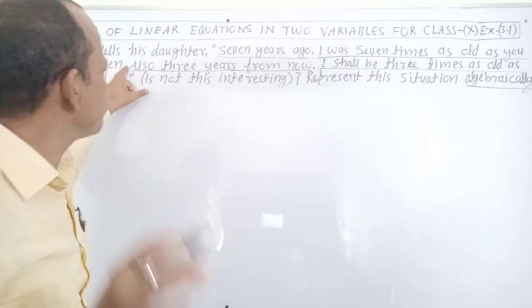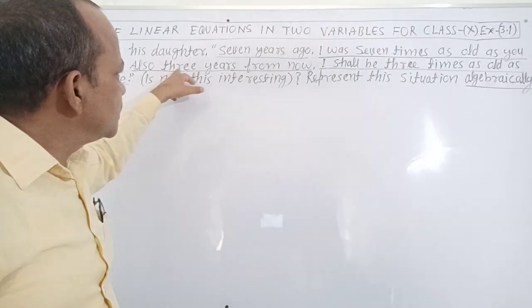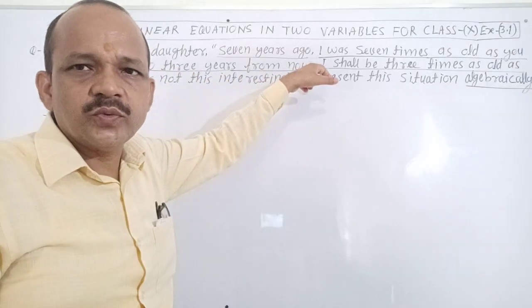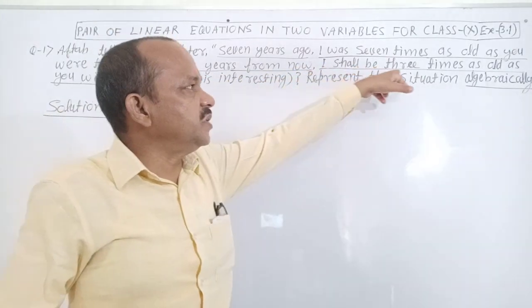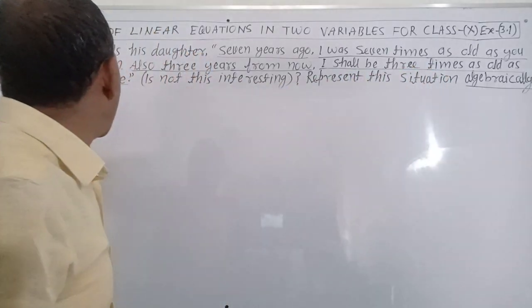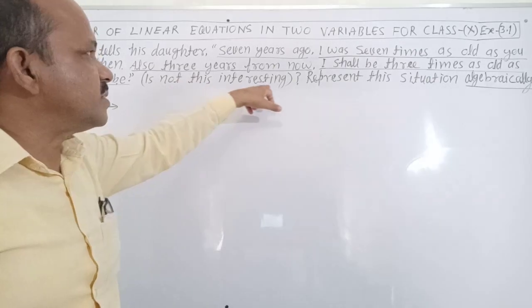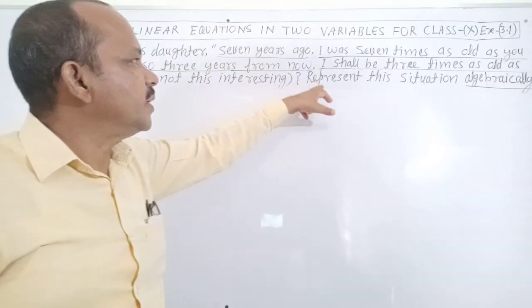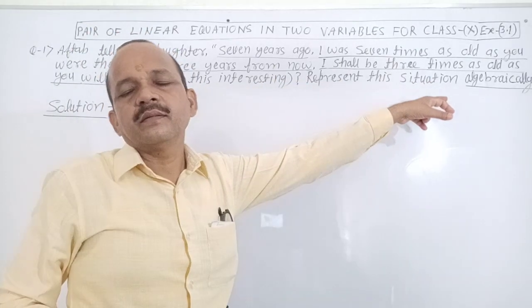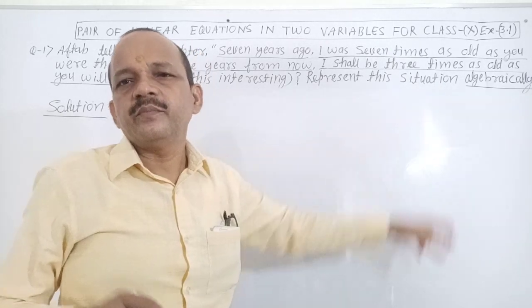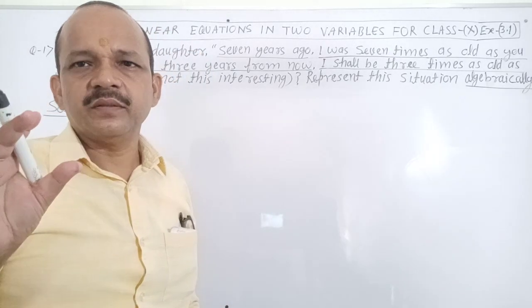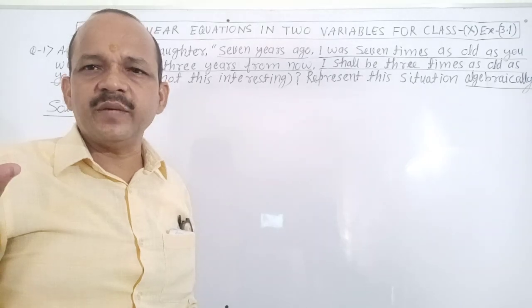Also, 3 years from now, I shall be 3 times as old as you will be. Is not this interesting? Represent this situation algebraically. It is clear, no confusion about it.